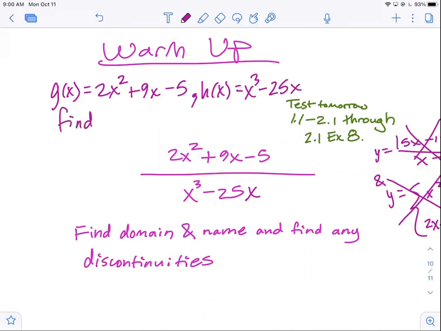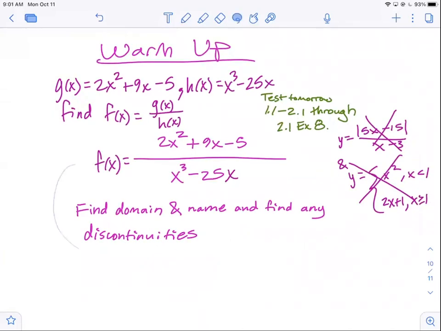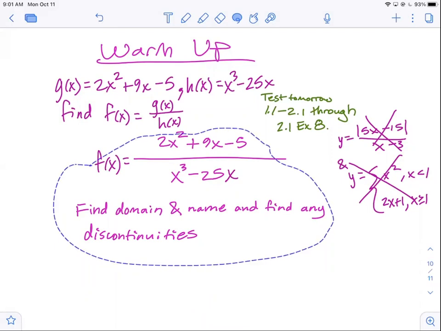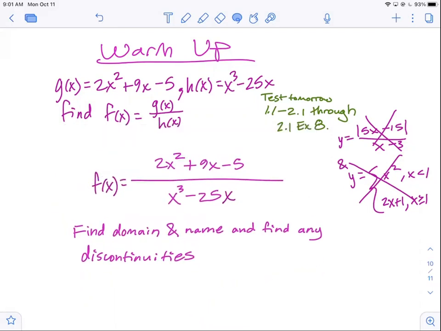Find f of x equals g of x over h of x. So that's how it was on the last test, which is pretty much the same question. You're just having to set it up. And it'll say, write the equation.